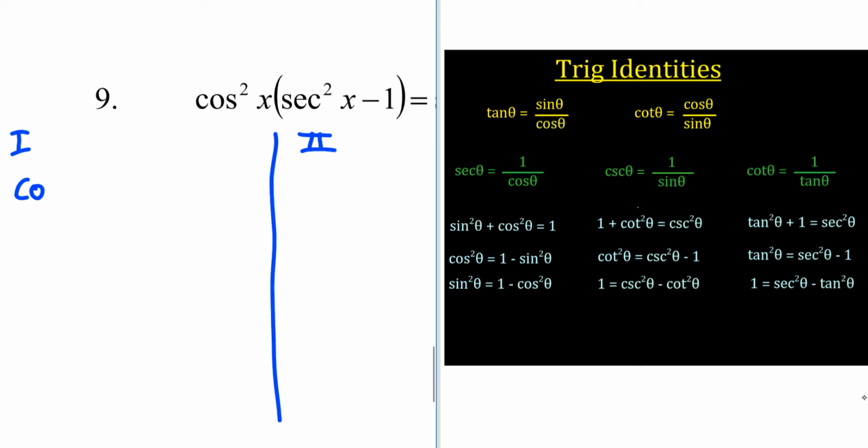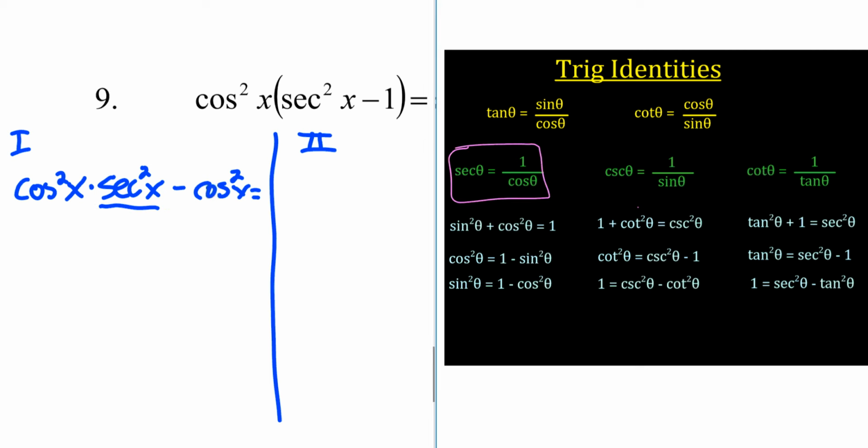We'll do cosine squared x times secant squared x minus cosine squared x. All right, so I distributed, and I'm going to change this secant squared x by using that highlighted pink Pythagorean identity, or reciprocal identity.